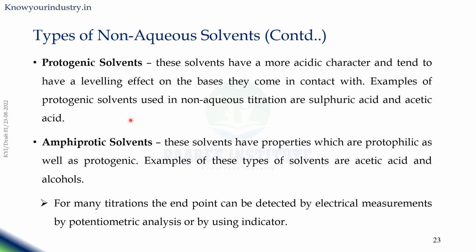Examples of these protogenic solvents are sulfuric acid and acetic acid. Then finally, amphiprotic solvents. These solvents have properties which are protophilic as well as protogenic. That's why they are called amphiprotic. Examples of the solvent are acetic acid and alcohols.